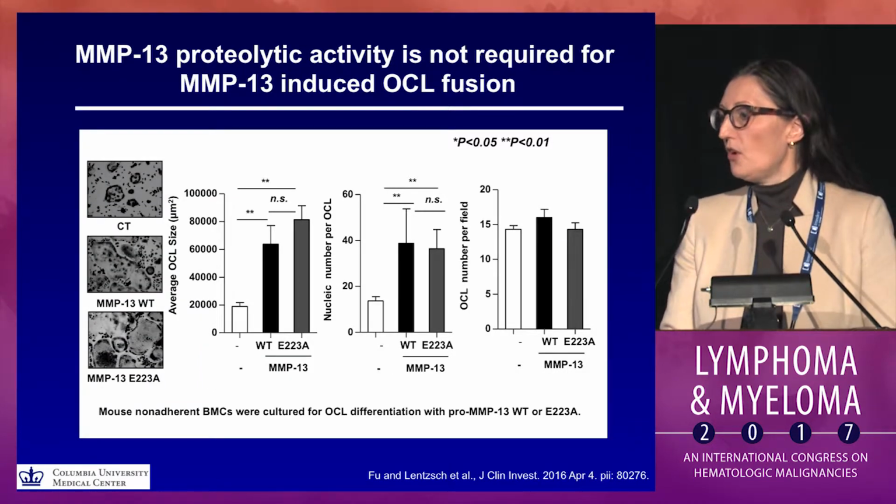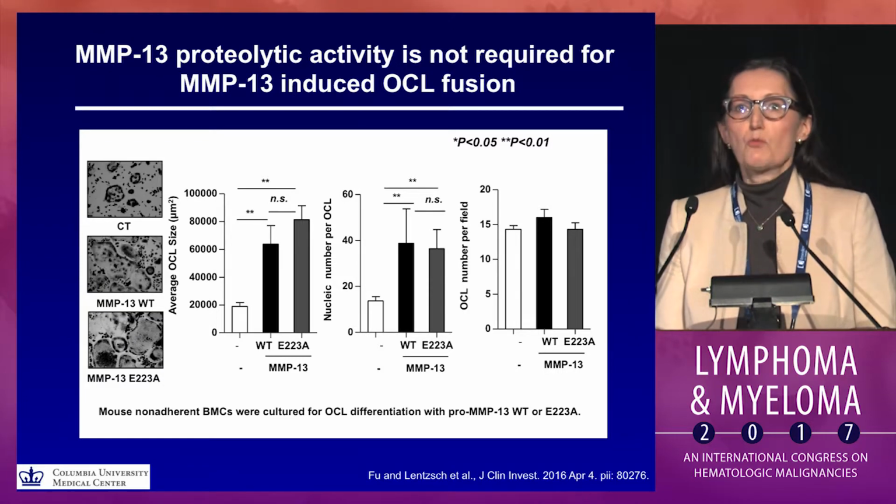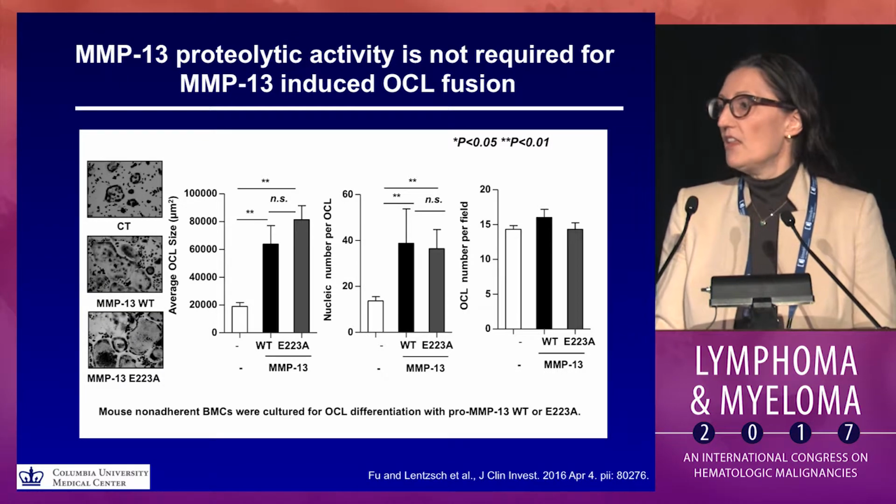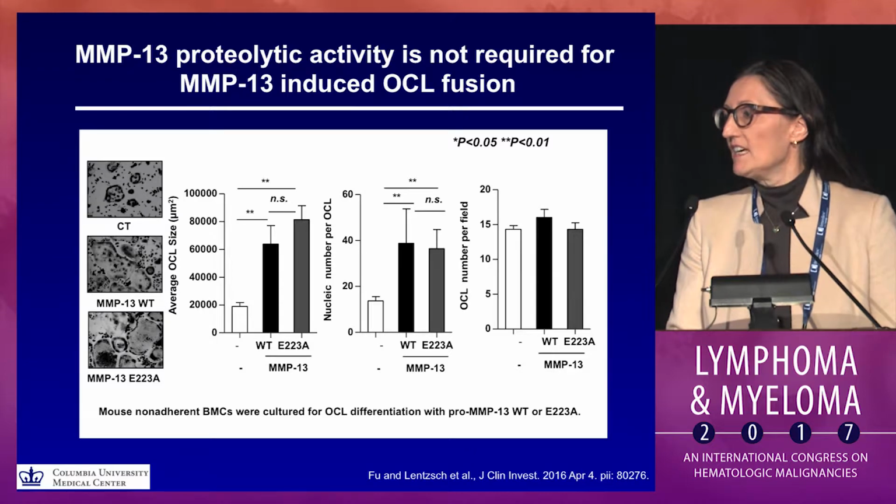Looking again at the ability of the wild type and of the mutant MMP13 to induce osteoclast formation, you see no difference. Our mutant MMP13 nicely induced an increased number of nuclei, so that was rather disappointing. That means that MMP13's proteolytic activity is not required in order to induce osteoclast fusion.